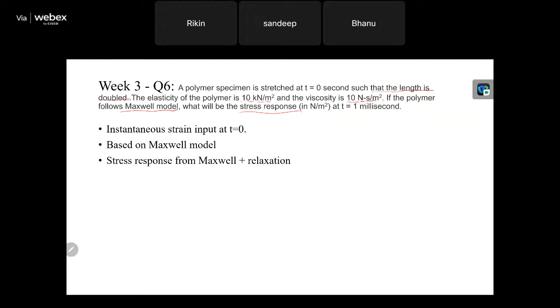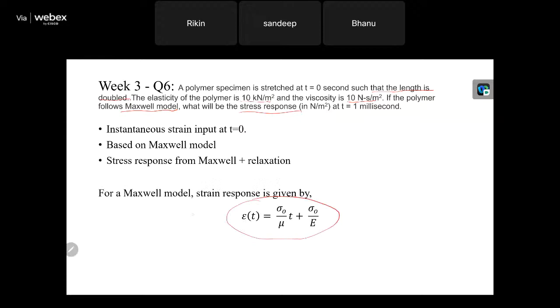In the lecture, this was derived for a strain input at t equal to 0 seconds. And the equation is this, where the strain response is equal to sigma naught by mu into t plus sigma naught by E. So this is also a pretty straightforward question, just that you have to recognize that this is a Maxwell plus relaxation model. So if you plug in the values given in the question, you'll find the answer.